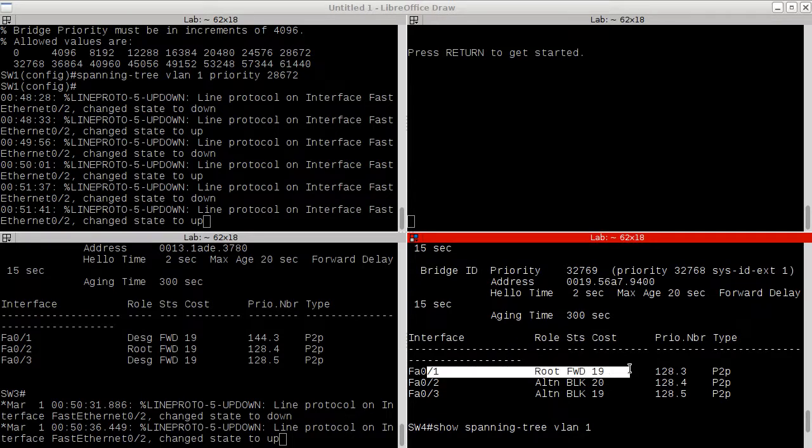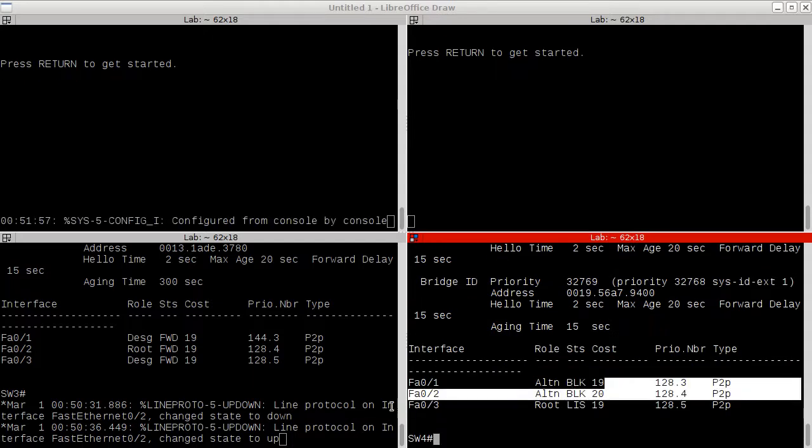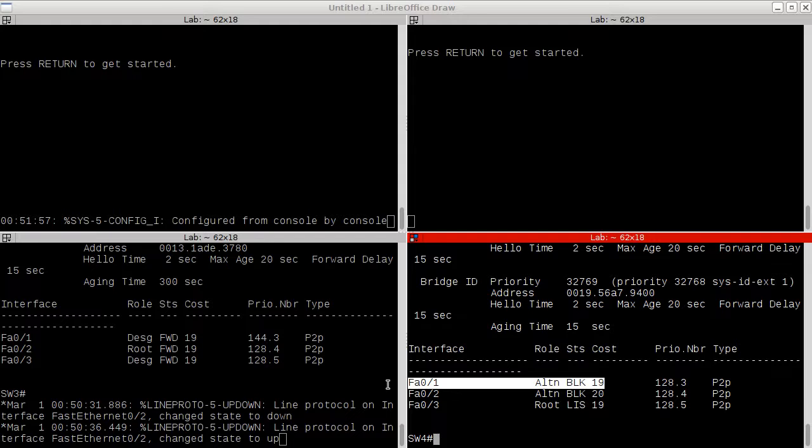F01 was the root port, while this F03 was blocking. But down here, Fast Ethernet 01 is blocking and Fast Ethernet 03 is sending.